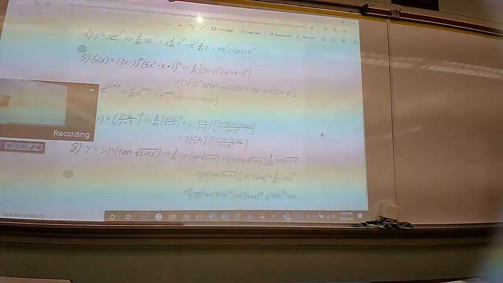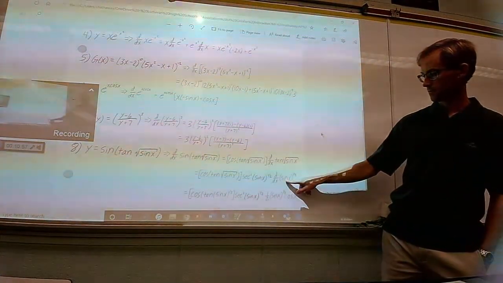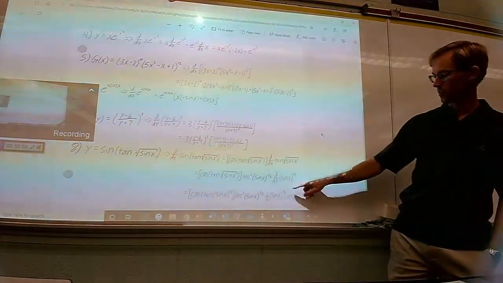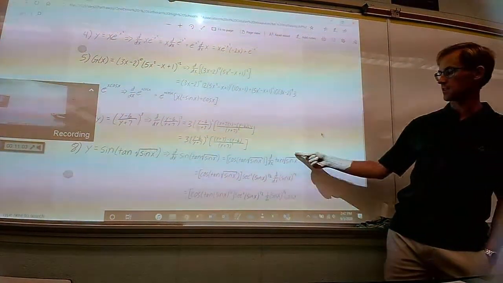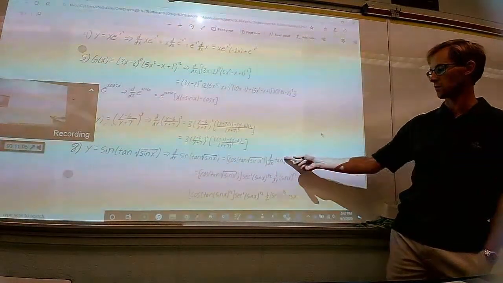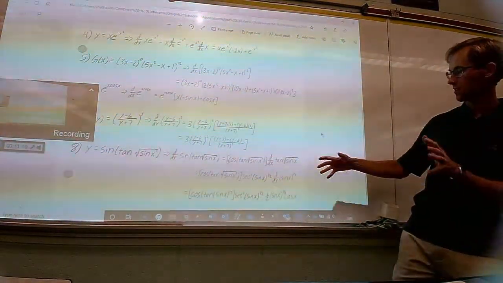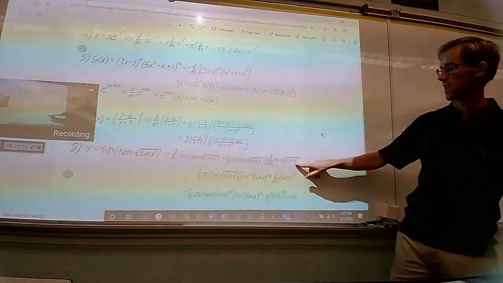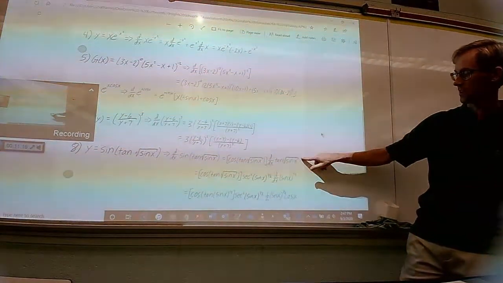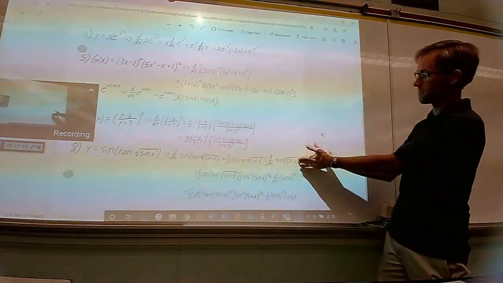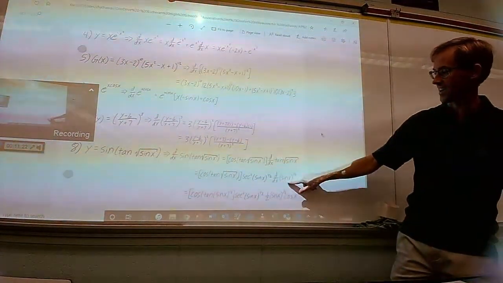Where is the cosine coming from? The cosine is supposed to be from the inverse of the sine. Where is that sine coming from? From this one right here, because square root of sine x is a chain rule within the innermost function that we have. So we can't just take the derivative of square root of sine x, because the inner function of this innermost function is sine x.